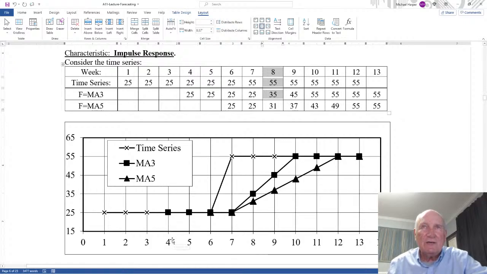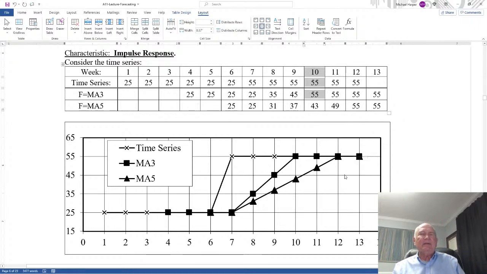Here's 35. And then for 6, 7, and 8, 25, 55, and 55, the average is 45. So for time period 9, there's 45. And finally, when I have all three 55s, it just goes back to 55 again.